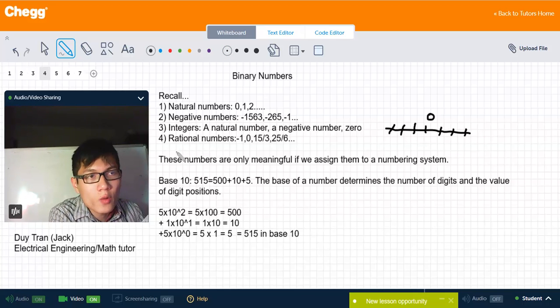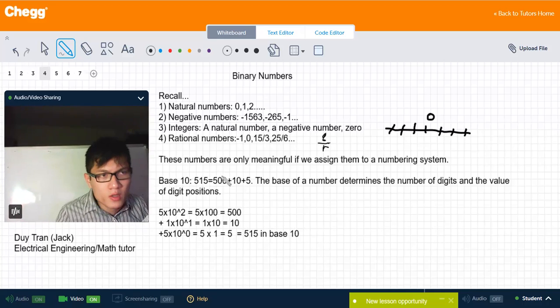In addition to that, we also have rational numbers. A rational number has the form of Q over R, a fraction, where Q and R belong to the integers, but R cannot be 0 because you cannot divide something by 0, which is undefined.